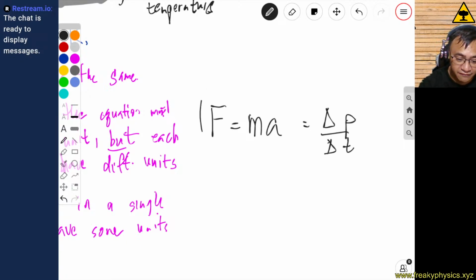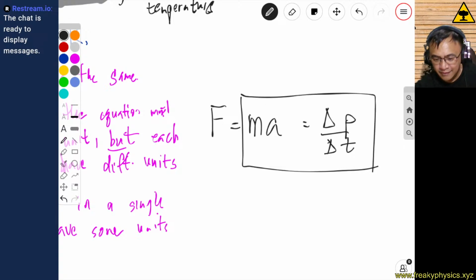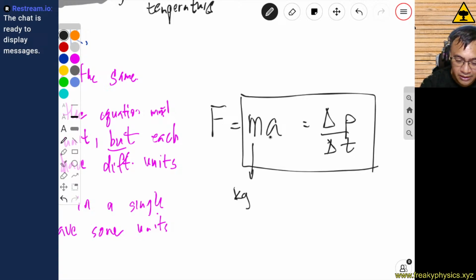What we're going to focus on in this particular example is this part. So how can we know that they have the same units? What we'll do now is put the units for mass. This is kilogram. Now a is acceleration. That's going to be meters per second squared, and I'm going to write it like that.